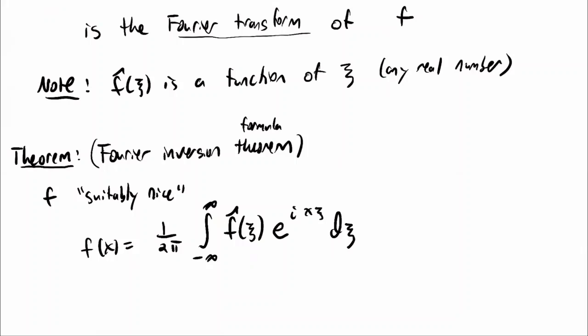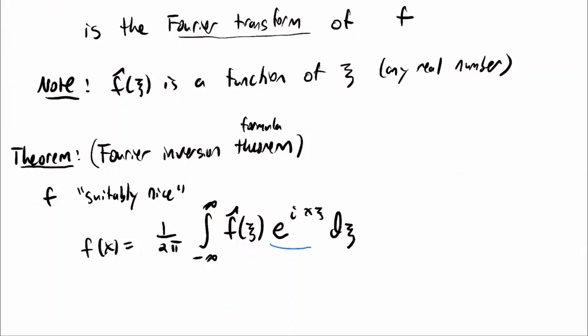One thing to point out is, assuming this formula is valid, this says that I can write my function f as a superposition of different waves oscillating at different frequencies, right? So let's say we fix the variable x.